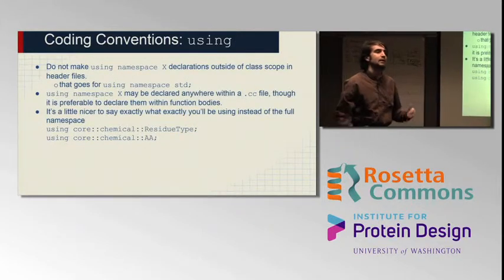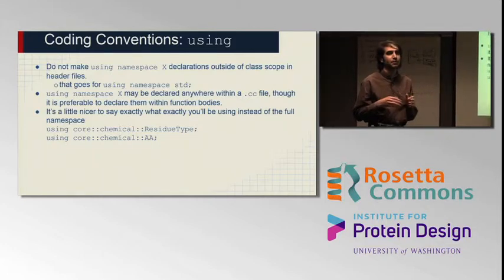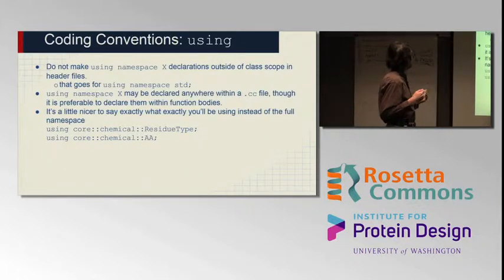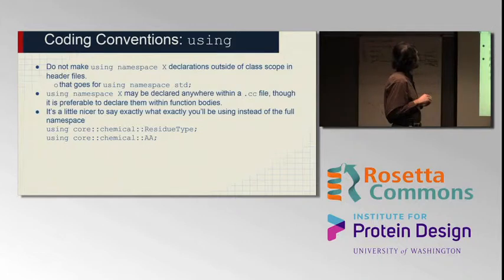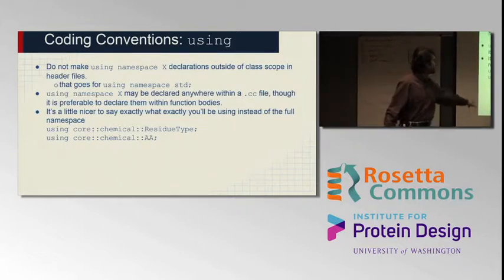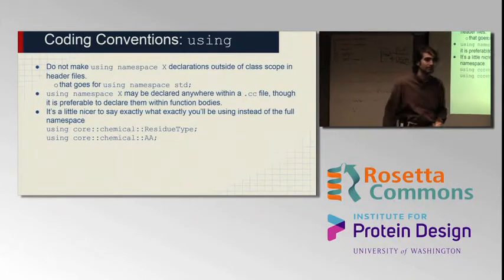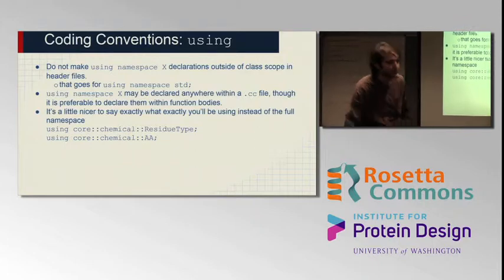Using namespace allows you to access members of that namespace without specifying the namespace. You can use it, but again, it's preferable to use it within function bodies, and it's better to be specific about the particular class that you're using rather than including the whole namespace. I try not to use that either.